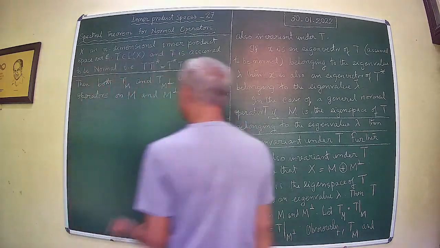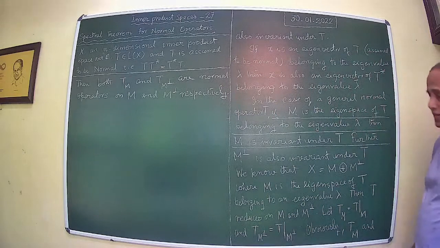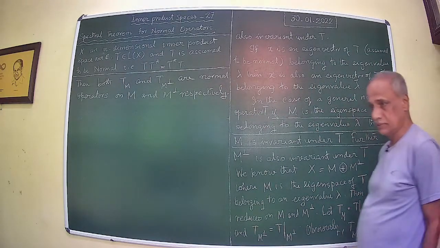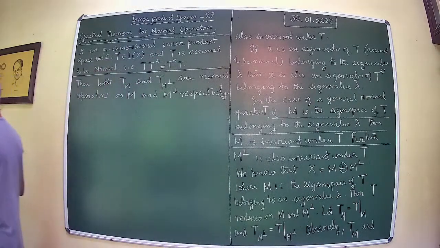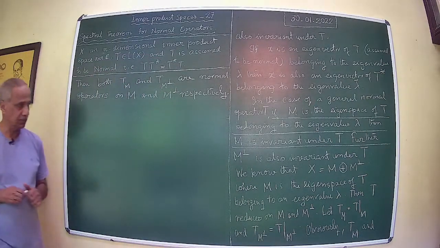So this much of results we can exploit to show that T is diagonalizable.